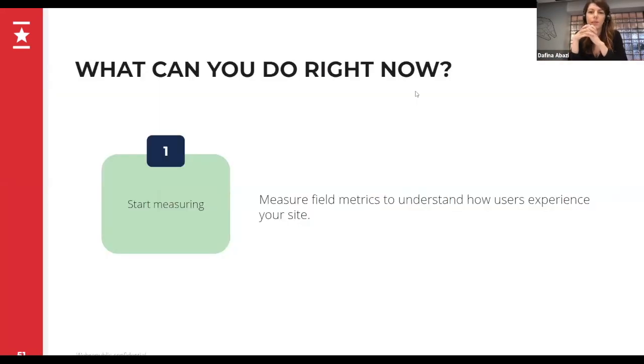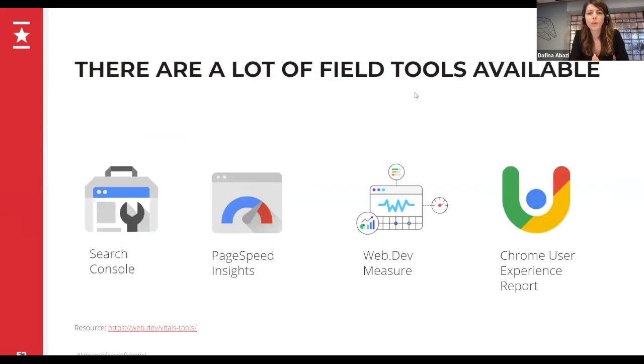As Martin already said, in the following slides, we will give you some advice on how you can get started if you haven't done so yet, and show you how the Core Web Vitals correlate with the key business metrics by giving you also some examples of companies that already have seen some positive impact for their users. Well, the most important thing you can do right now is really start measuring your site by looking at different metrics. And over to Mark.